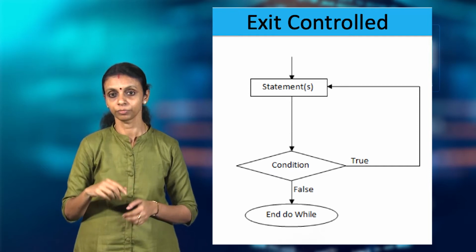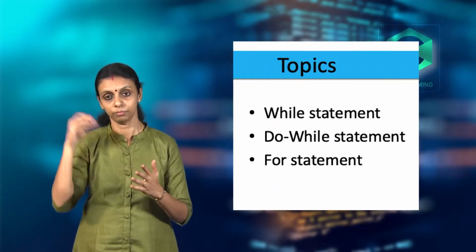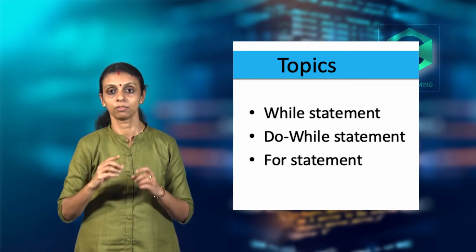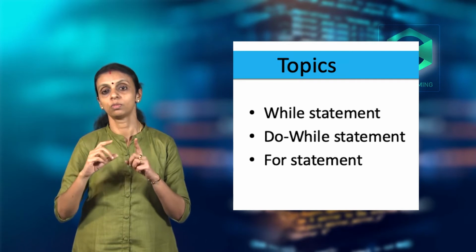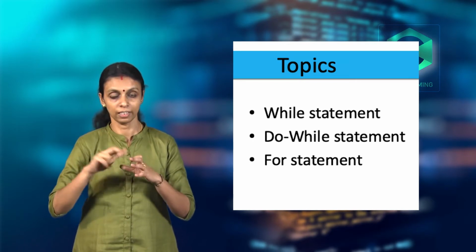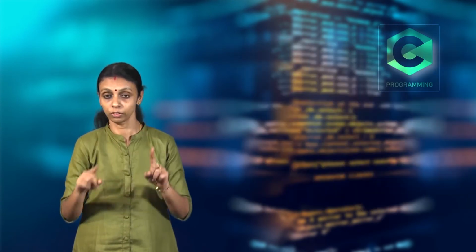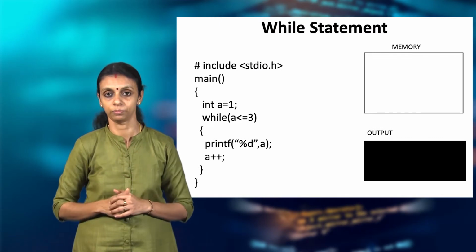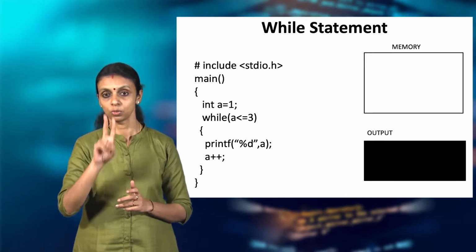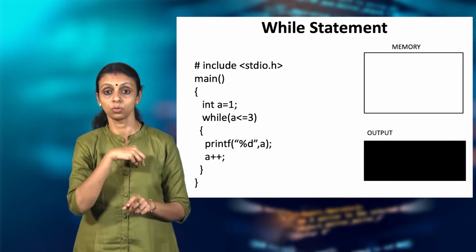Today, let us see the following loop statements: while statement, do while statement, for statement. Consider a program to print first 3 natural numbers, that is 1, 2, 3 using loop.